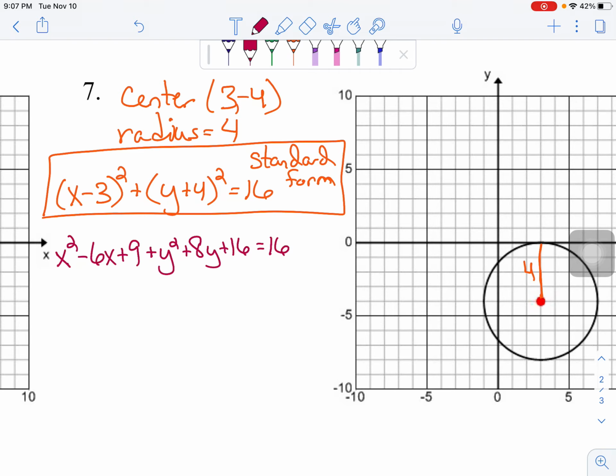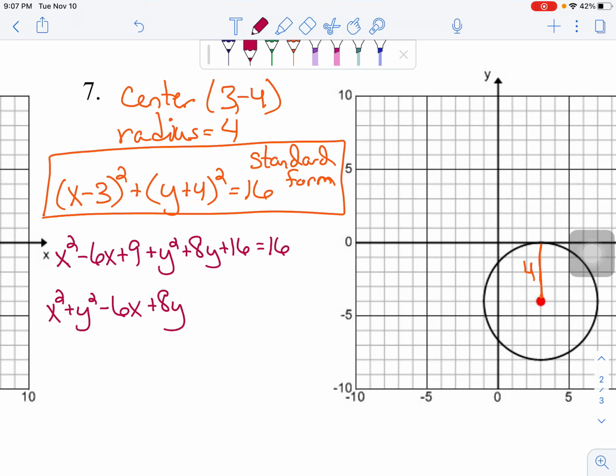So now it's just a matter of putting your terms in the right order, and you basically do it by degree and alphabetical. So highest degree, and because x comes first alphabetically, you would have x squared plus y squared. Now you're going to move to the first degree terms, and again, go alphabetical. So negative 6x and then positive 8y.